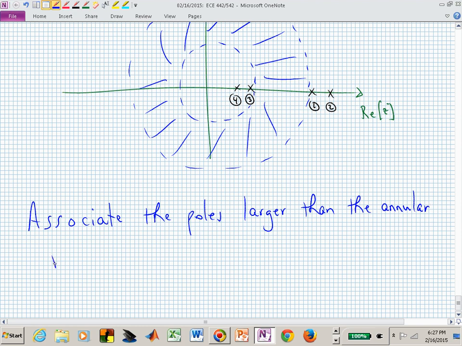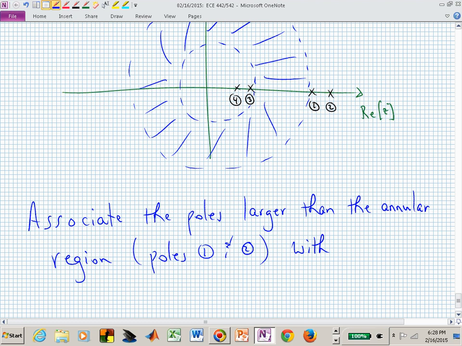And that just corresponds to poles 1 and 2. Is that clear what I'm trying to say? Associate the poles larger than the annular region, or those poles that are beyond the annular region. Now pull out your coin, and which one is it? Heads or tails? Right or left?